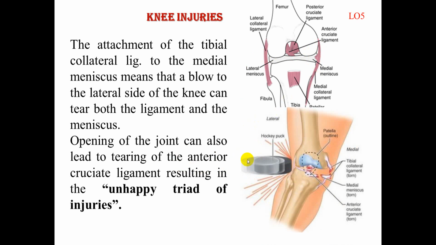So when there is severe trauma to the lateral side of the knee, it will lead to opening up of the joint medially, which might lead to rupture of the medial collateral ligament, injury of the meniscus, and the injury might extend to lead to tearing of the anterior cruciate. They call it the unhappy triad of injury, which is a very severe injury for the knee joint.